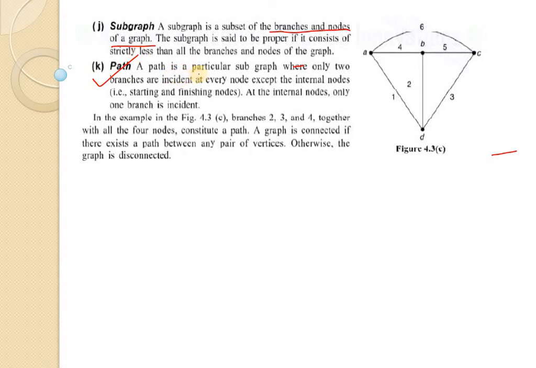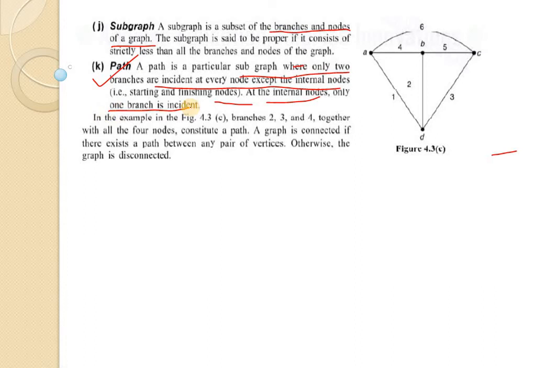Next one is path. A path is a particular subgraph where only two branches are incident at every node except the internal node, and at the internal node only one branch is incident.